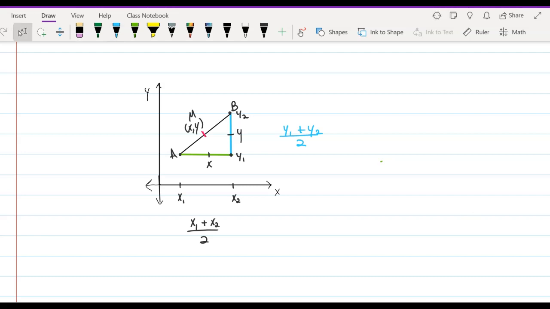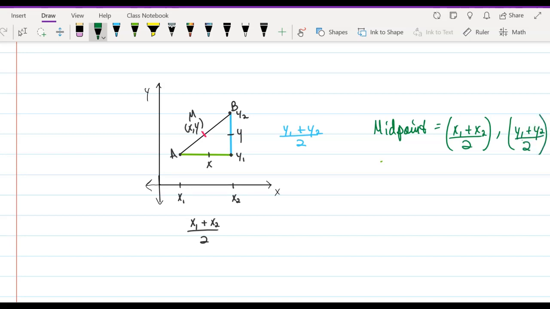So the midpoint is equal to x sub 1 plus x sub 2 divided by 2, comma, y sub 1 plus y sub 2 divided by 2. And that's going to give me my coordinates.